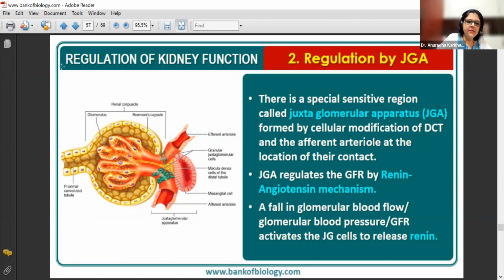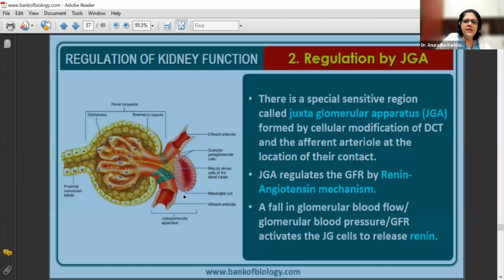So here you can see this group of cells. ये देखो बेटा. Can you see this? This is your juxtaglomerular apparatus. ये afferent arteriole है, करेक्ट, और ये DCT है. तो ये DCT का ये वाला, these cells are modified cells.